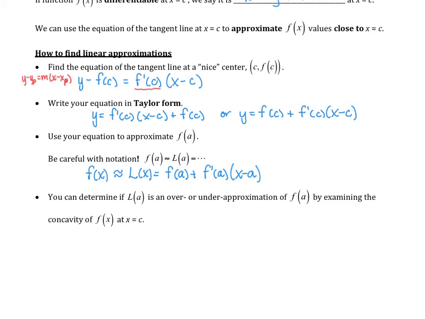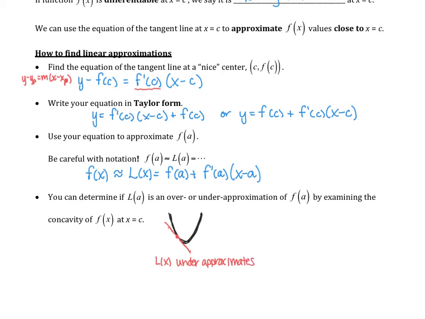If this is my original function, and I draw any tangent line along this function, pretend it's straight, anywhere along this line is going to be underneath my curve, and therefore my linear approximation under approximates. It means that the value that I find is just a little bit below what it could be.